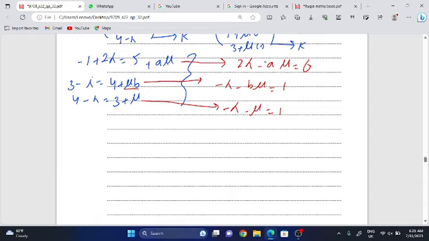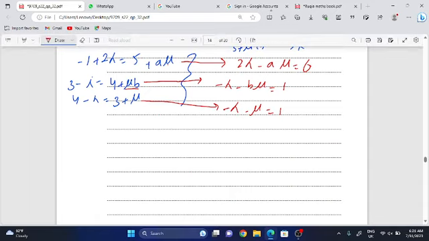Further I can do more simplification. The first equation can be written as 2 lambda minus a mu equals 6. That is equation number 3. Second is lambda plus b mu equals minus 1. I took minus common and shifted to the other side. That gives me equation number 4.